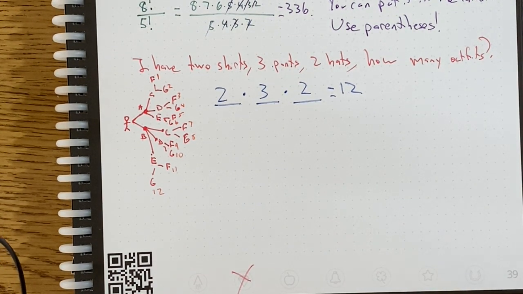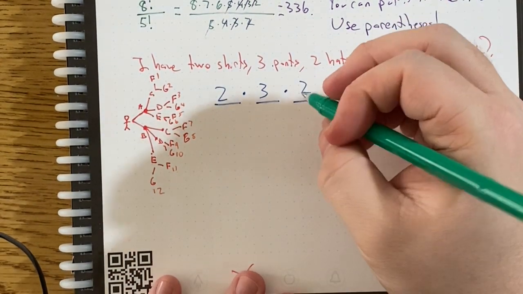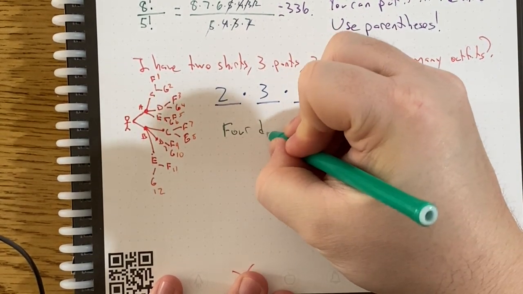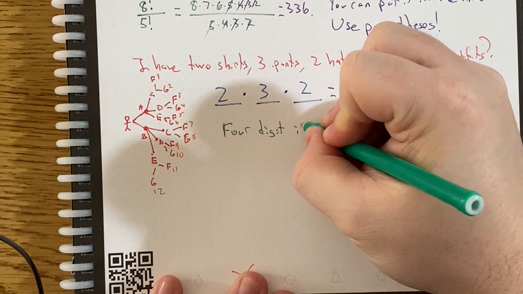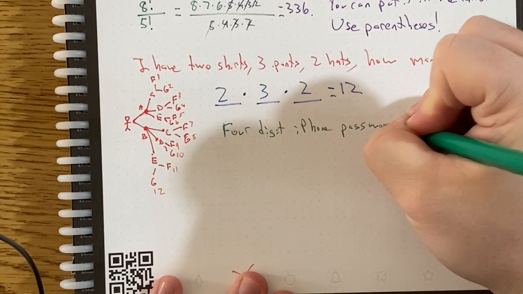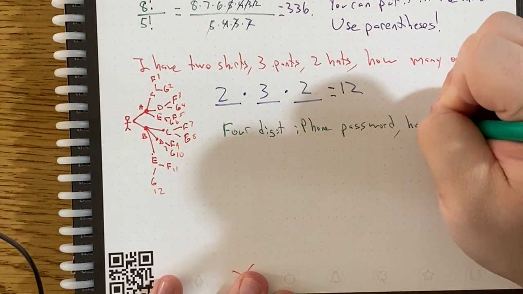And I'm going to give you a bunch of different questions basically like that. So I can ask you, if you have a 4-digit iPhone password, which most of them are 6 now, how many ways?